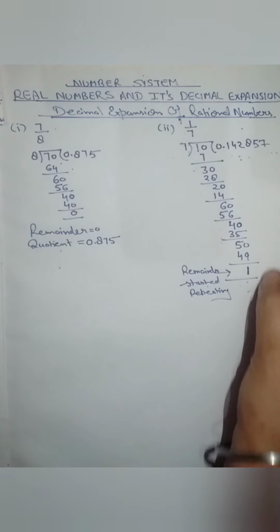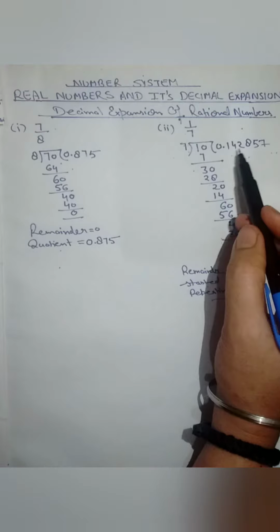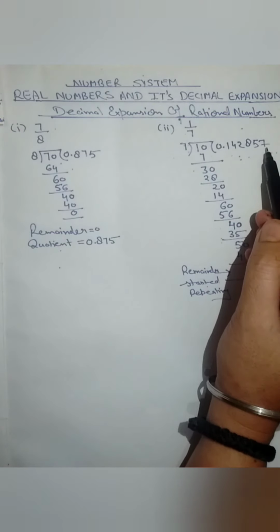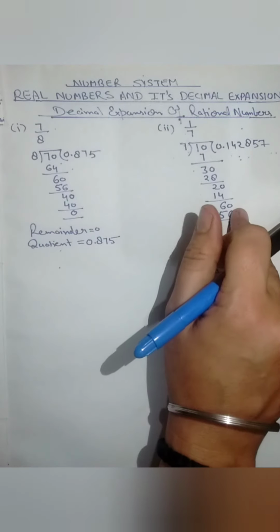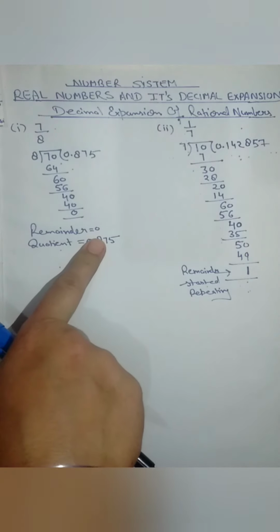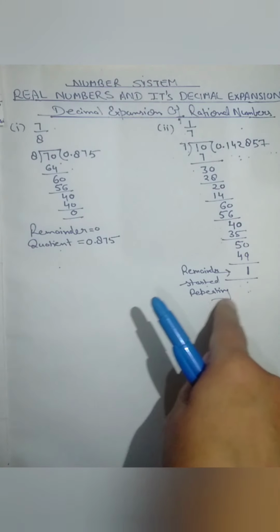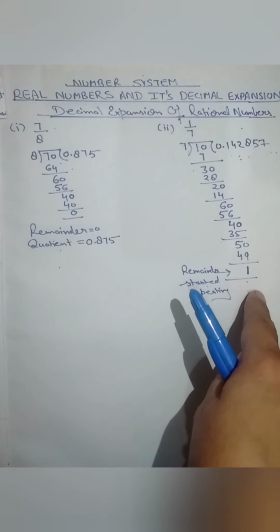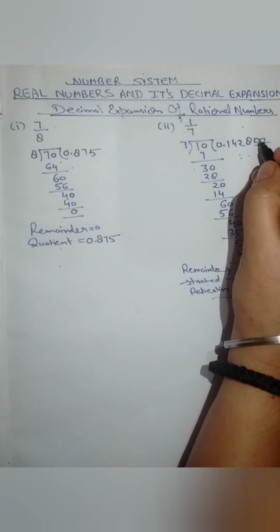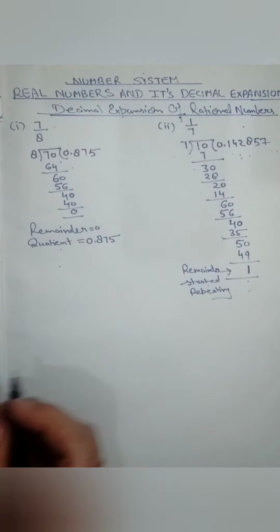Due to repetition of remainder, digits will also repeat in the quotient. So there are two types of decimal expansion. In one case remainder comes 0 and in the other case remainder never becomes 0. We get repetition of digits in the quotient.